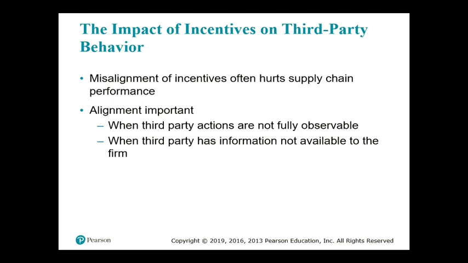Right, so for example, if we're selling to a retailer who has direct information about the demand, and without information sharing this information is not available to us, then designing a smart contract term with a proper incentive is important to induce the correct behavior of the retailer.